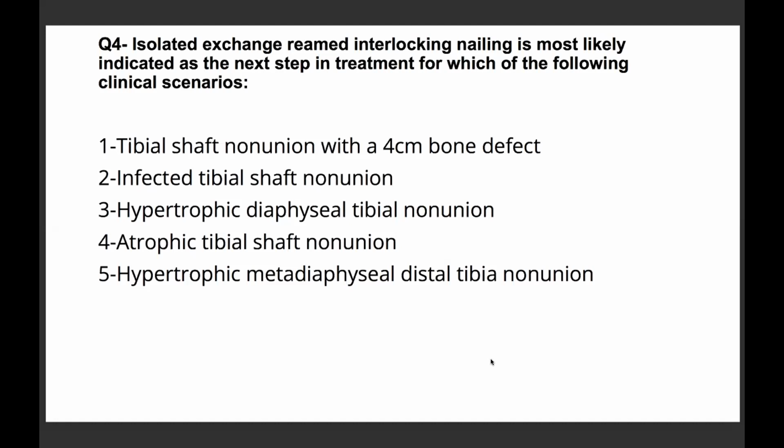Or you exchange nail, and when you finish, you open and put your plate, and in that scenario bone grafting addition is appropriate, because you opened the fracture and the graft you placed is not contained anymore, so you need to supplement with graft. Is the idea clear? Yes. Excellent.